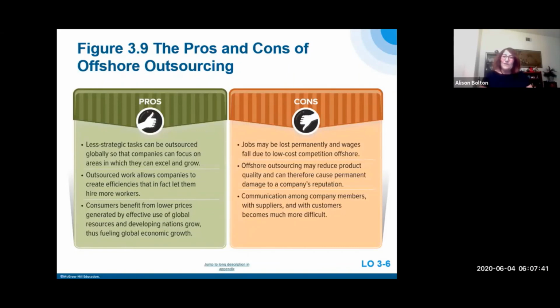There are some pros and cons with offshore outsourcing to be considered. Pros: less strategic tasks, so they're focusing on areas in which they can excel and grow. That's a big pro. Another one is outsourced work allows companies to create efficiencies that let them hire more.